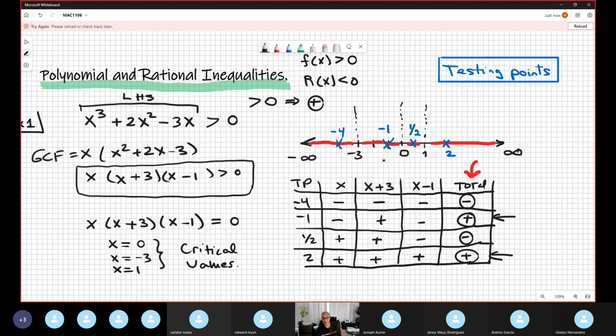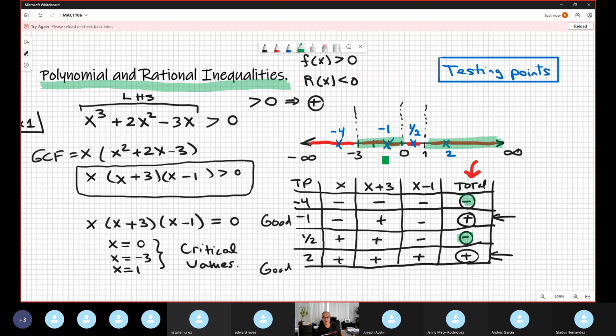In other words, the testing points that pass the test are -1, good, and 2, good. So now you again highlight, but using another color. This interval was good. The testing point -1 passed, and the testing point +2 passed, and the testing point half failed, because it was negative, no good. And -4 was negative, no good.